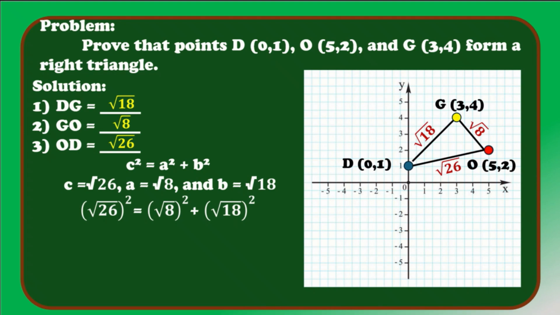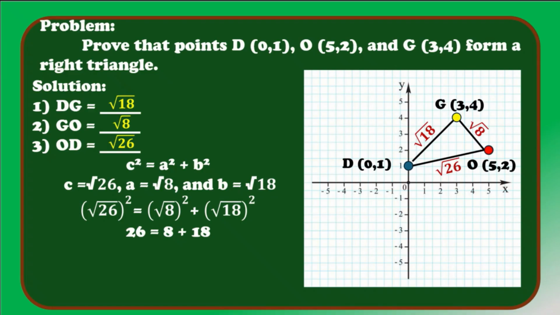The quantity of the square root of 26 squared equals the quantity of the square root of 8 squared plus the quantity of the square root of 18 squared. If we simplify it further, we have 26 as the square root of 26 squared, and then we also have 8 as the square root of 8 squared, plus 18, which is the square root of 18 squared.